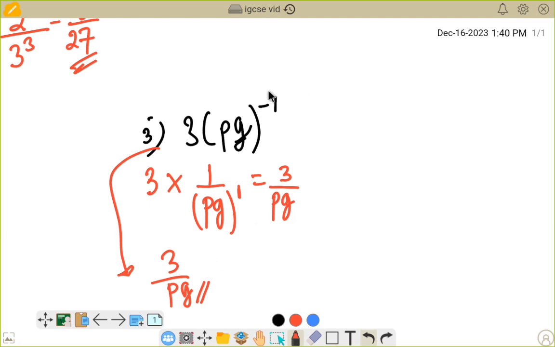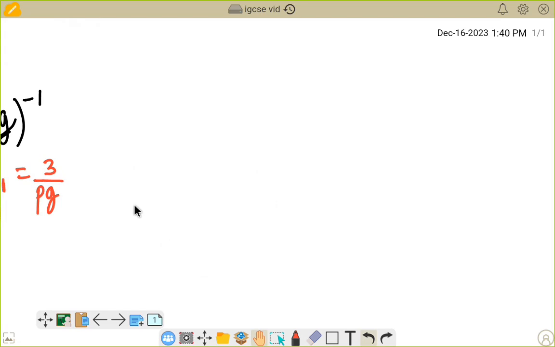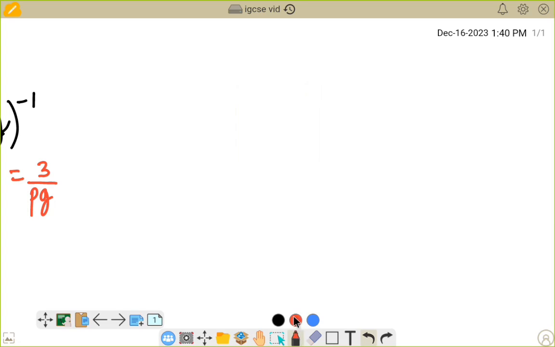Okay, now let me just quickly explain something about negative power of 1. You can use it to simplify your answers. Take for example, after solving a question you have something like 4 over c, or 4 over c squared, or 3 over p.